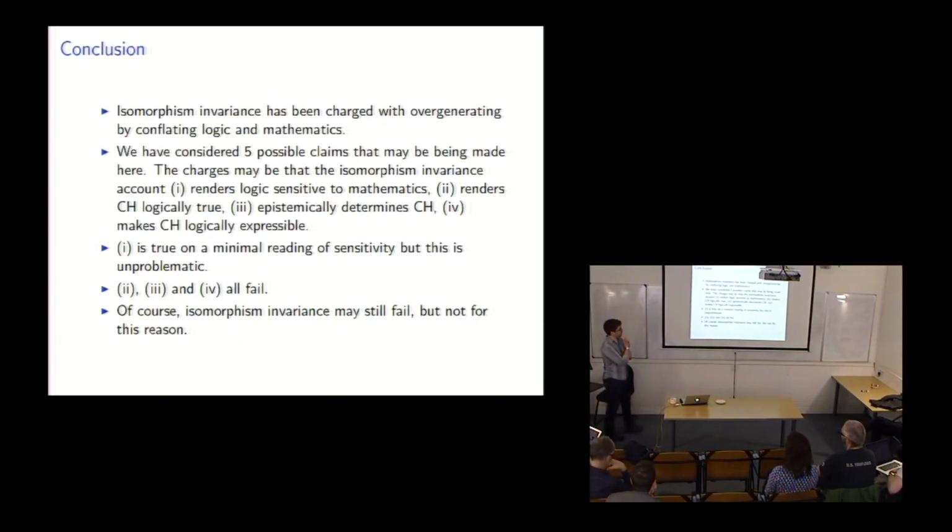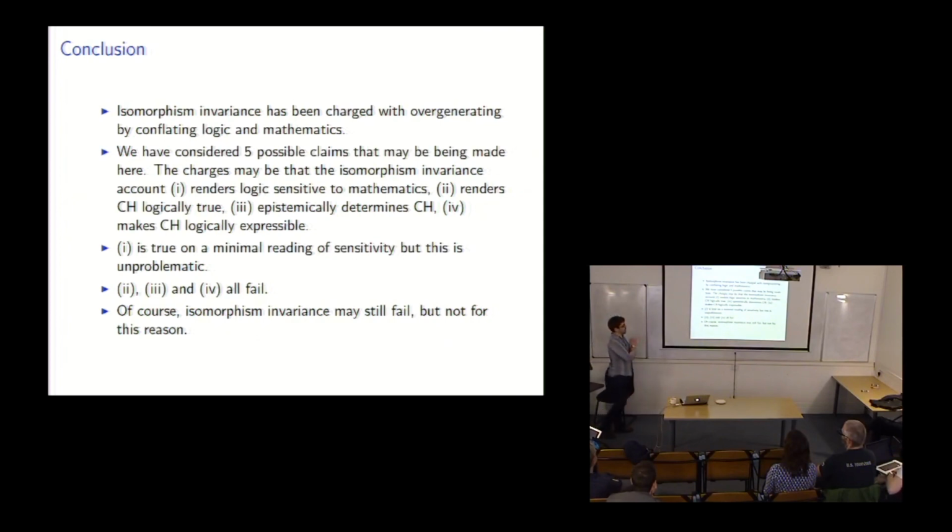Those are the 4: that it renders logic sensitive to maths, that it makes the continuum hypothesis logically true, that it epistemically determines it, and that it makes it expressible. We said the first one is fine. There is that minimum level of sensitivity, but you can sleep easily. We already had that in the first order case. 2, 3, and 4 we think all fail.